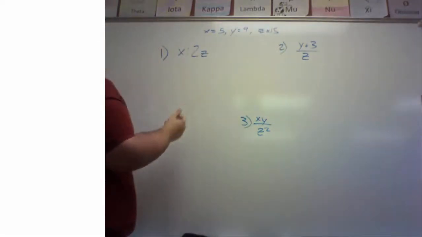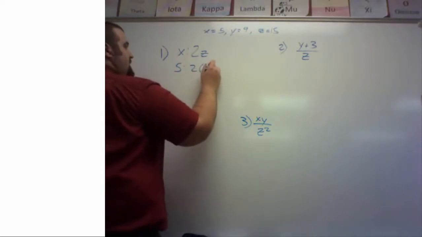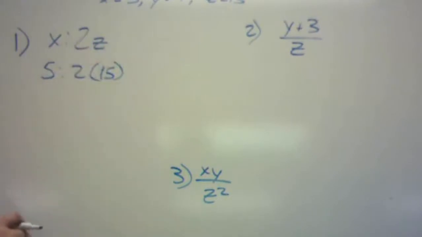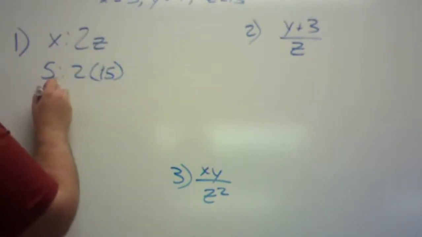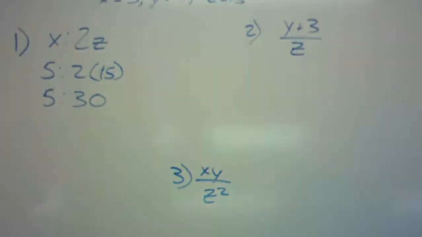So in the first problem here, I just plug in 5 for X, I plug in 15 for Z, and I first of all just make it so I get 2 whole numbers in a ratio. So this is 5 to 30. Now that I have 2 numbers, 5 to 30, I'm going to try and simplify it as far as I can possibly take it.